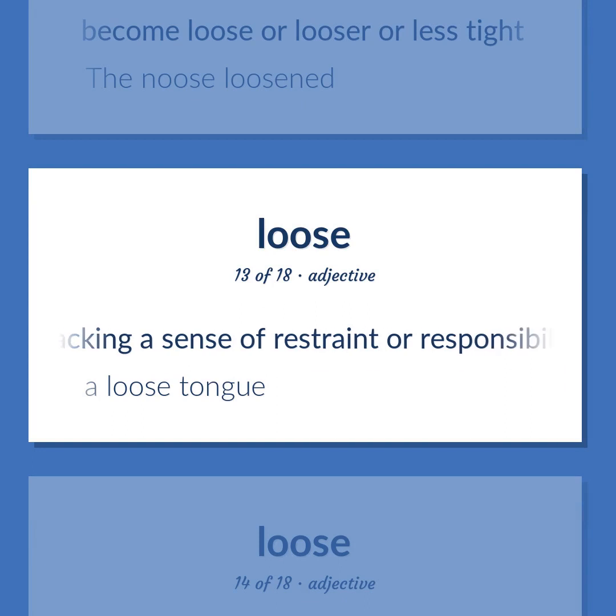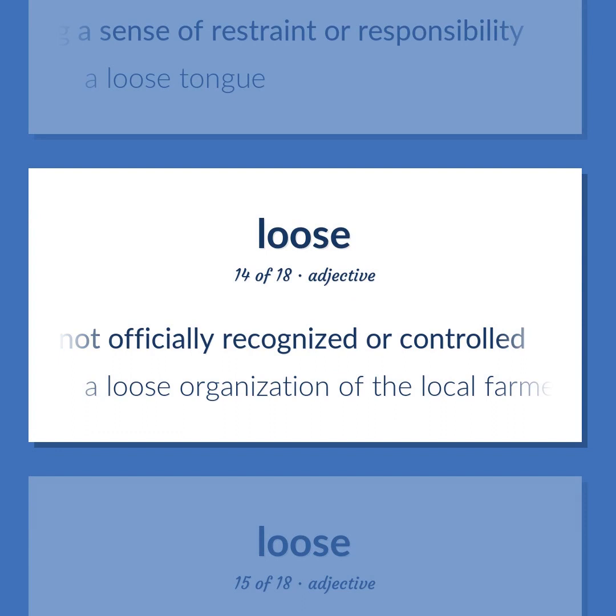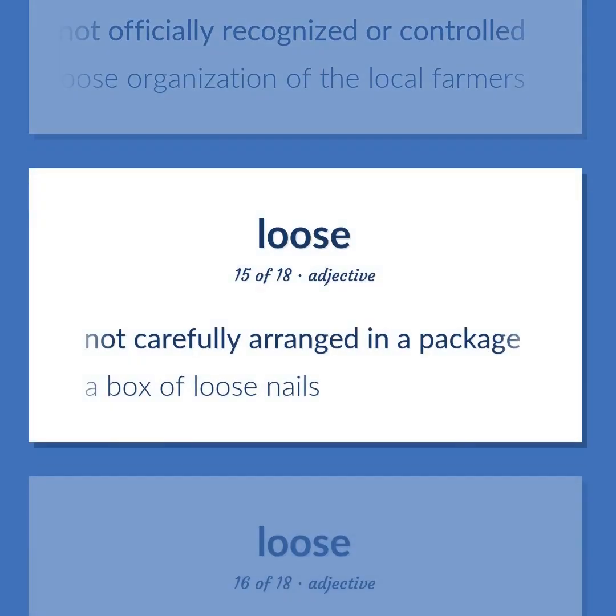Lacking a sense of restraint or responsibility. A loose tongue. Not officially recognized or controlled. A loose organization of the local farmers. Not carefully arranged in a package. A box of loose nails.